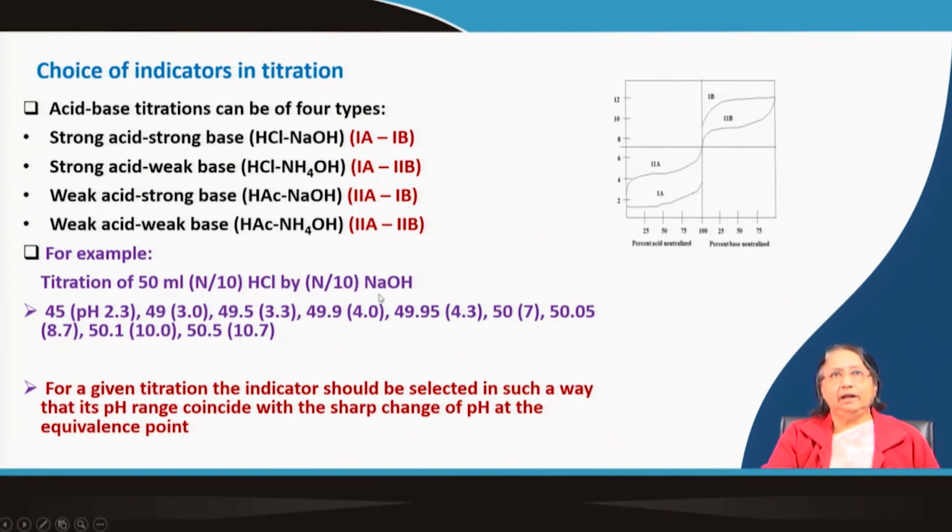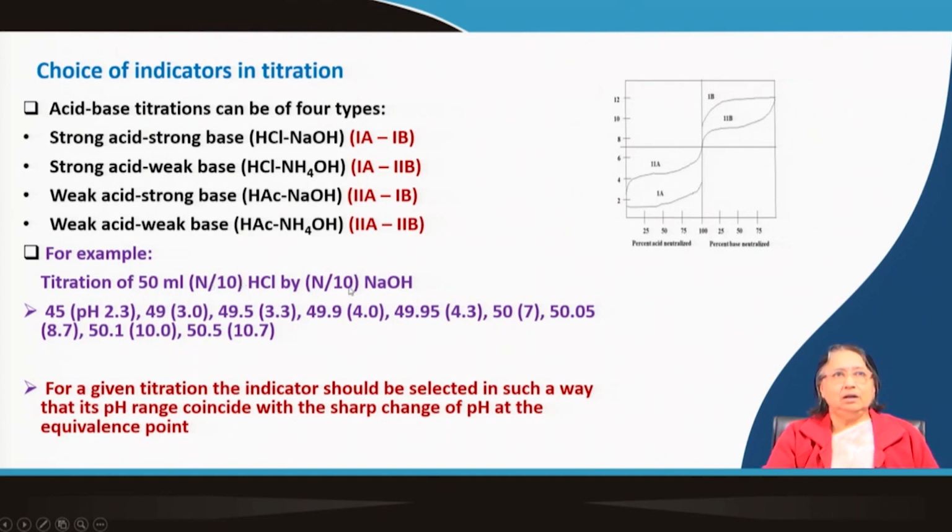Then you have started your titration. Basically, the neutralization point should come when you add 50 milliliter of NaOH, because you have taken 50 milliliter of HCl and the strength is the same.